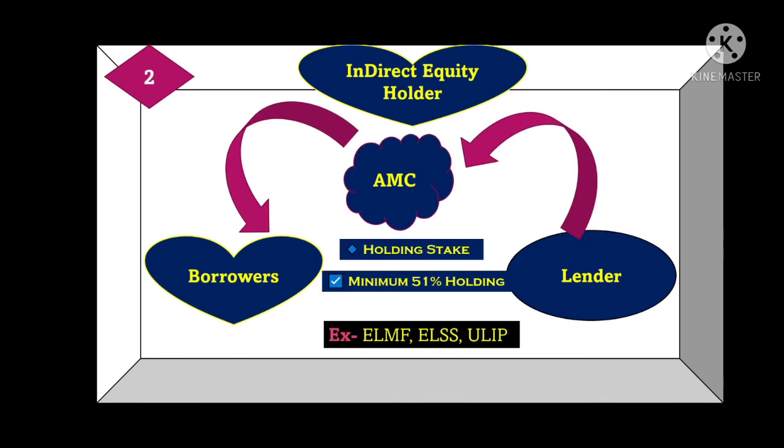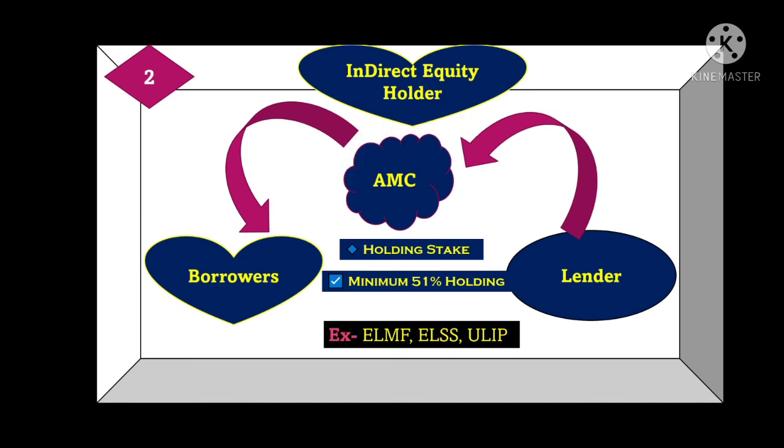Now we will talk about the indirect equity holder. This is also an equity holding by a foreign equity holder. But here the lender is not directly holding such equity in the borrowing company. It is holding through an intermediary. That intermediary is an AMC, meaning asset management company. Now what is this AMC?